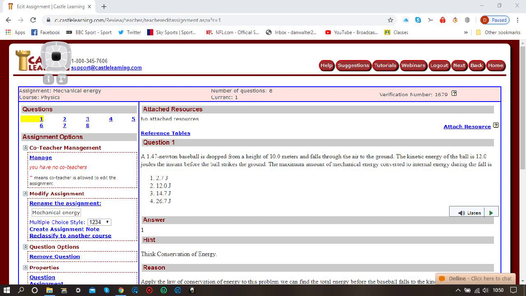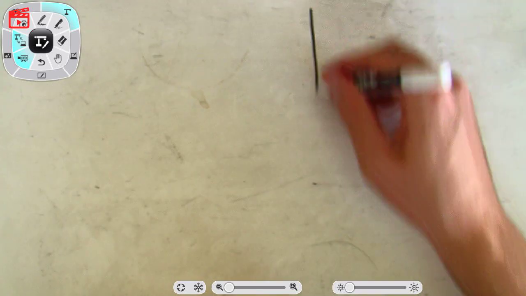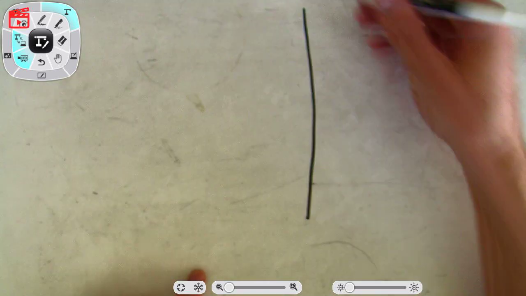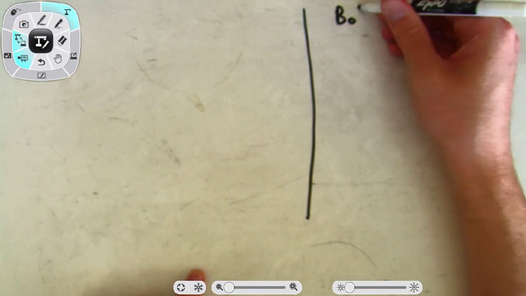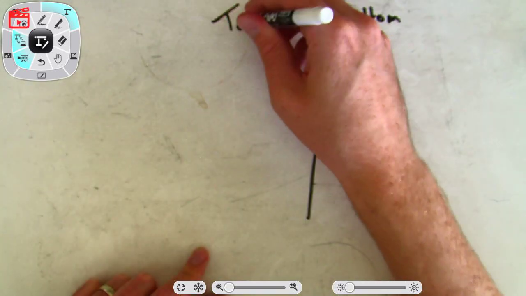So we have a 1.47 Newton baseball dropped from a height of 10 meters and falls through the air to the ground. The kinetic energy of the ball is 12 joules as it hits the ground. So the first thing I'm going to do is make sure I'm zoomed out. I'm going to look at the bottom and at the top.